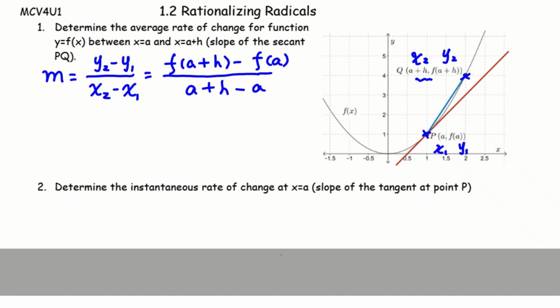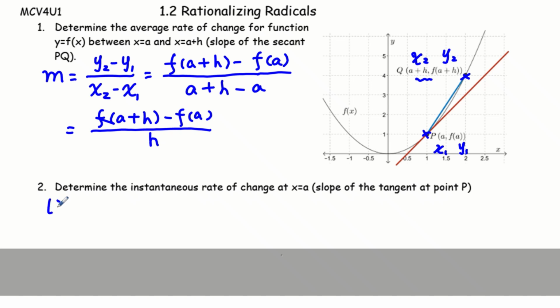We could simplify the denominator, then we are going to have f at a plus h minus f at a, over a plus h minus a. The a minus a cancels out, and we have h left. So this is the slope of secant. Then we know that the slope of tangent is when h approaches 0, the limit.